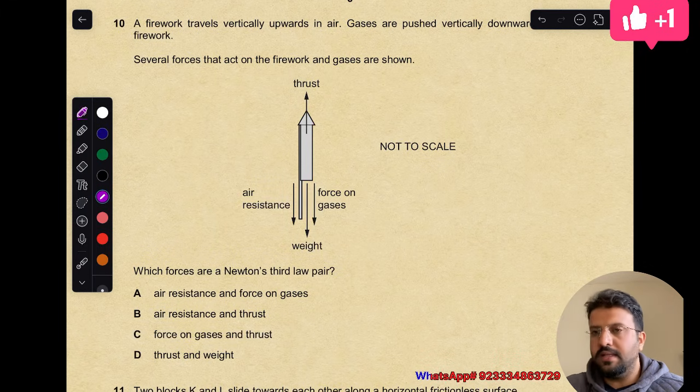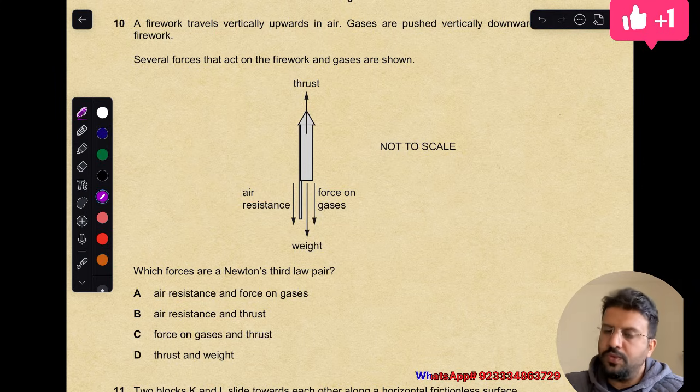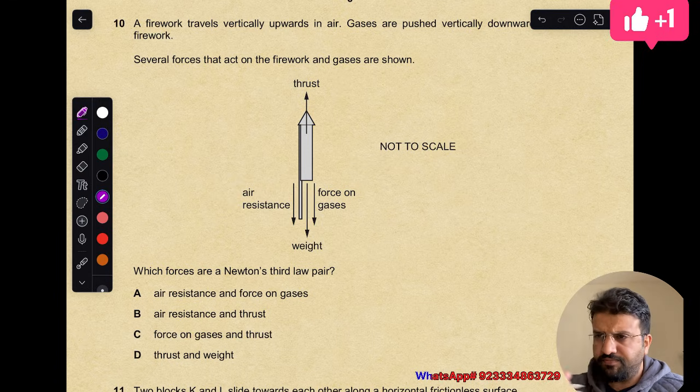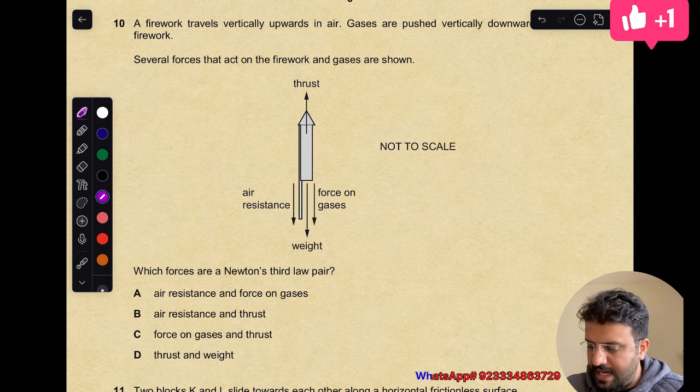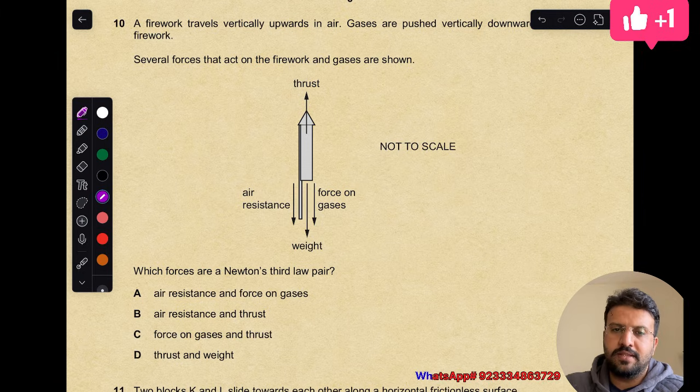Okay, again question 10, this is from Newton's third law, and mostly students struggle with this concept. What you need to keep in mind is that the action and reaction forces act on two different objects. In this case the most popular wrong answers are B and D. Mostly students choose B and D because candidates are not appreciating the fact that the third law always applies on two different objects.